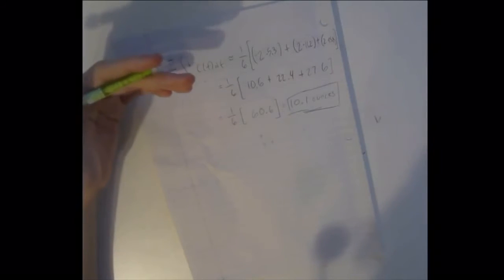So we're basically calculating the area and then multiplying it by 1 over 6. And that's actually the formula for average values.